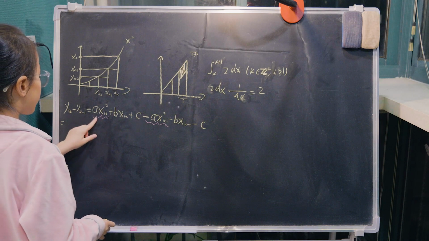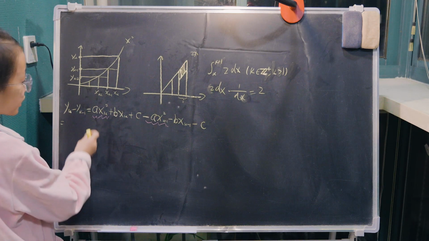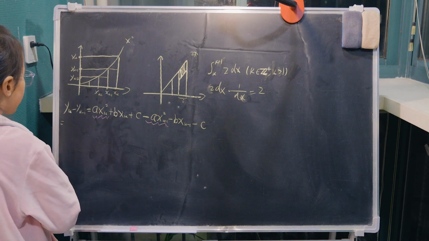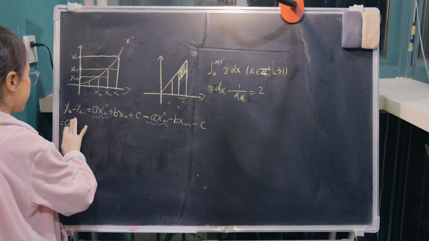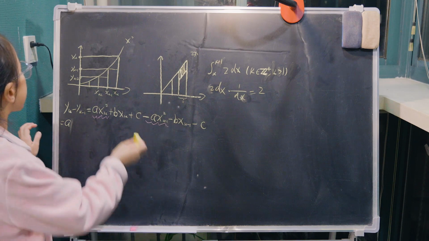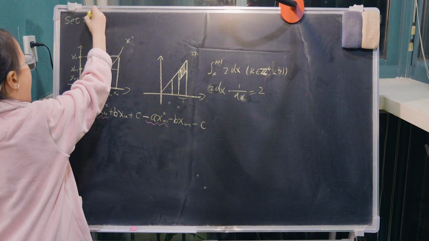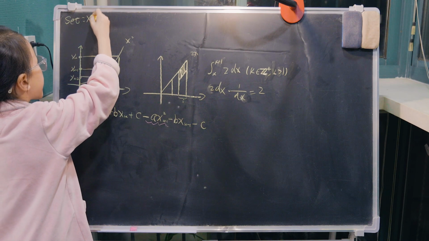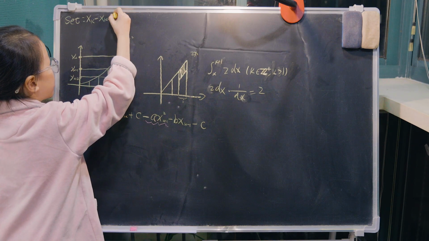These two parts, what we can change them to is, we can factor out a, and then inside this part we can change it. Let's set xk minus xk minus 1 equal to m.